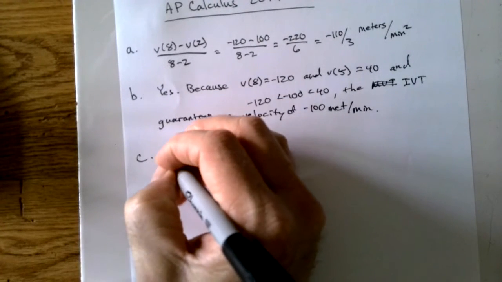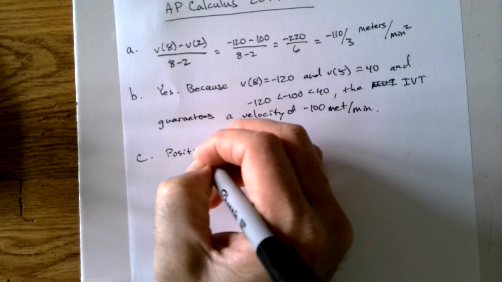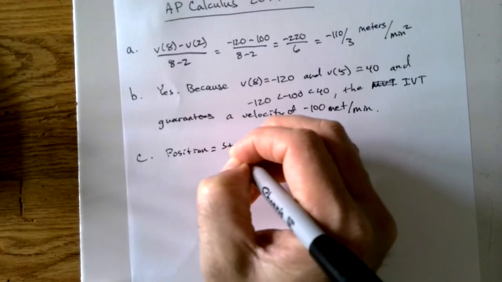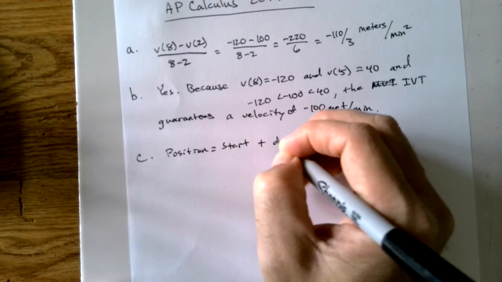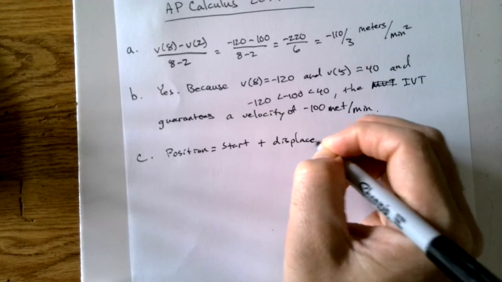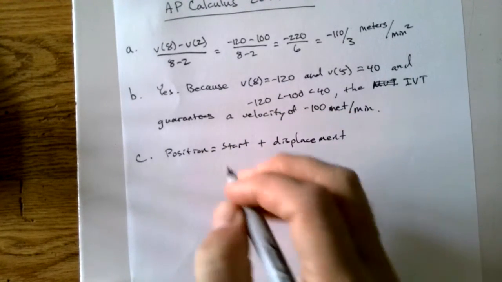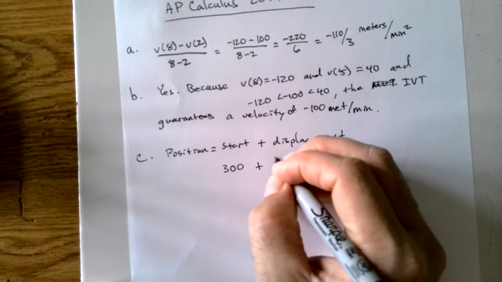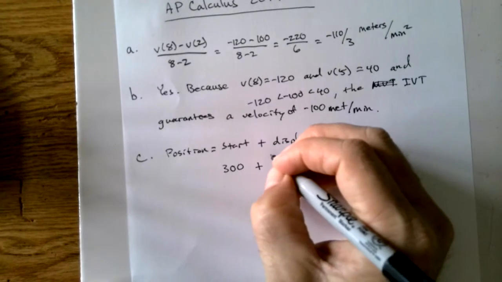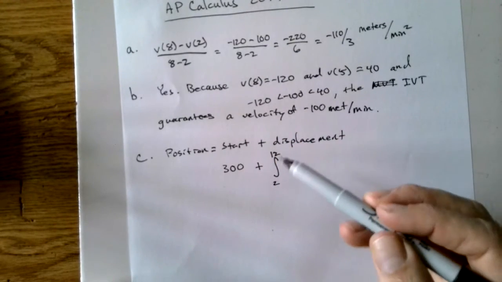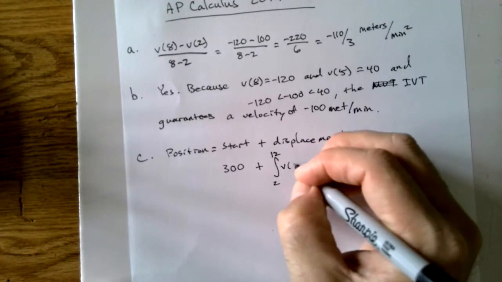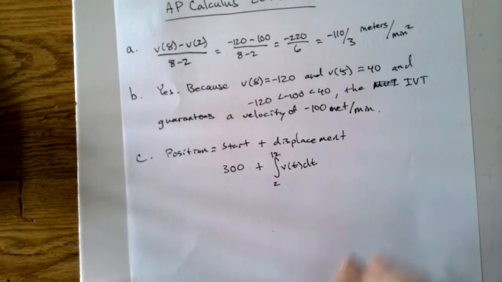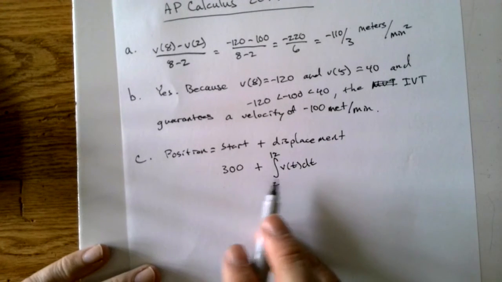Well, we know here that position is equal to the start plus the displacement. The start is 300 meters at a time of 2, and we're going to 12. Displacement we do with the velocity function. So that's how we figure out our position.